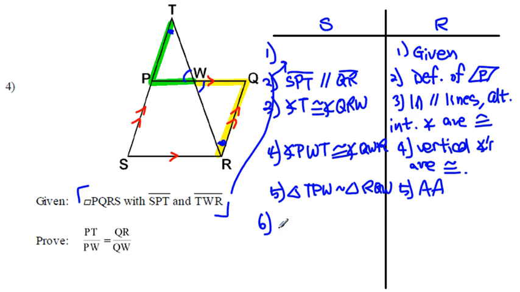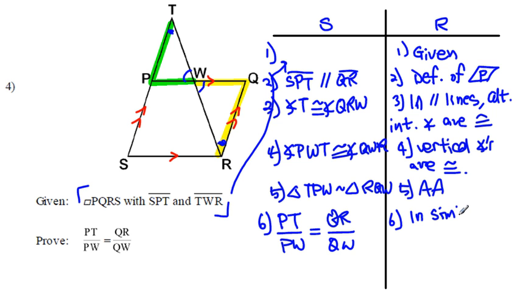Now, number 6. Then we can say PT over PW. That ratio is equal to QR over QW, because in similar triangles, corresponding sides are in proportion.